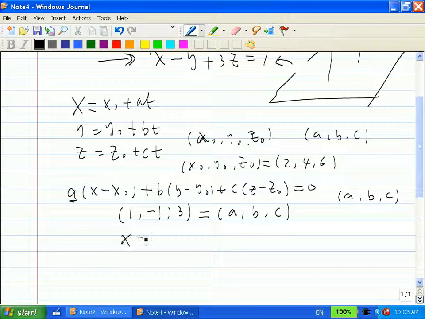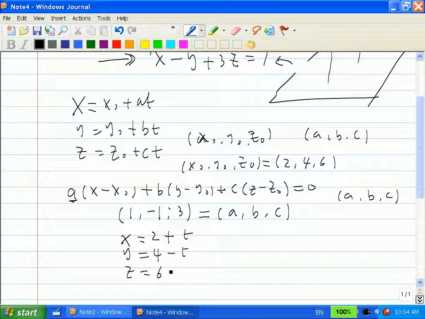x equals x naught, which in this case is 2, plus at, which is 1 times t. y is y naught, which is 4, plus bt, where b is minus 1, so minus t. z is 6 plus c times t, which is 3t.